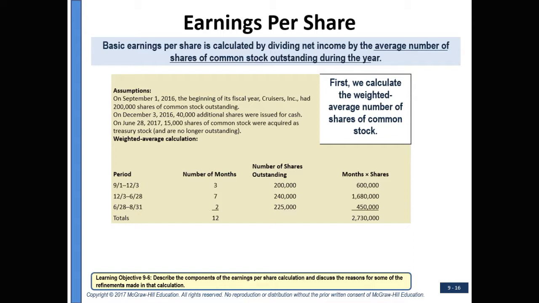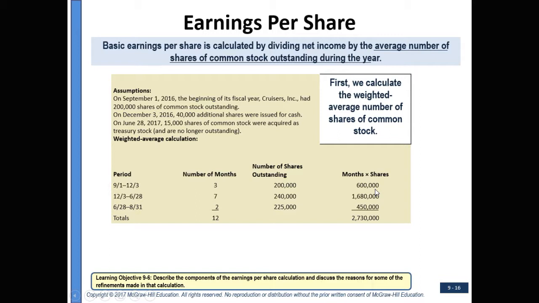Not a problem. But to get a weighted average number with stock changing, what we do is we look at for what period the number of shares outstanding was stable. So for 3 months, there were 200,000 shares outstanding. That would give us 600,000 shares.